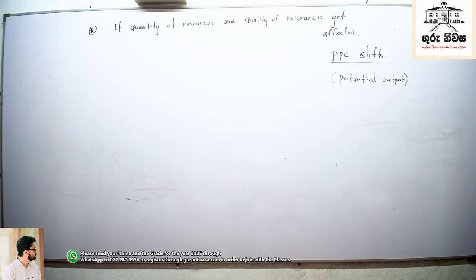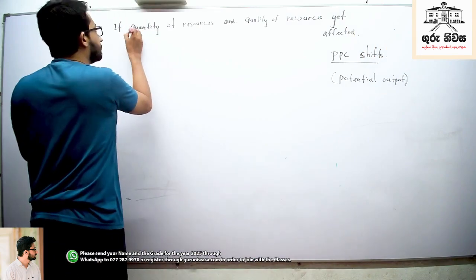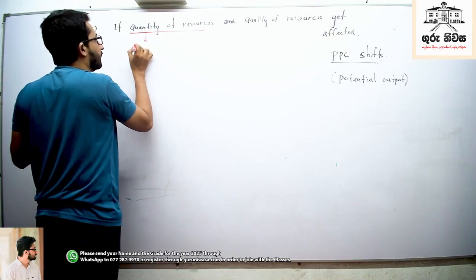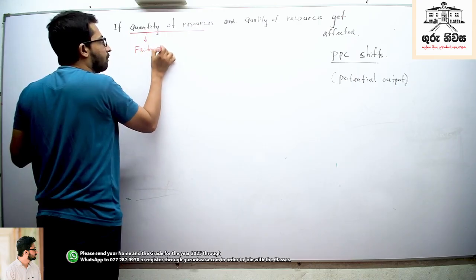Here, quantity of resources means factors of production, factor endowment.